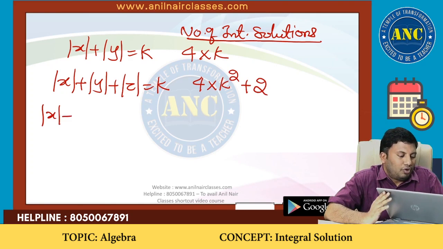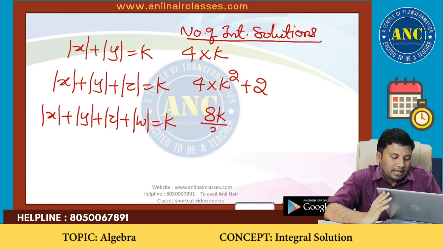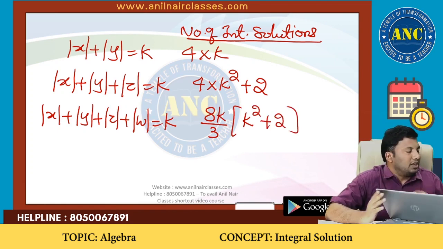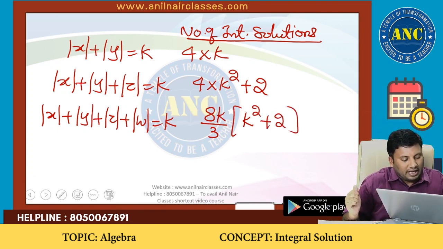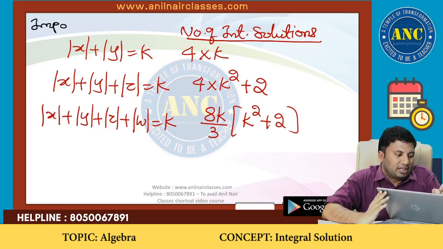If there are 4 variables, |x| + |y| + |z| + |w| = k, it is 8k/3 (k² + 2). Please write down. Please take a screenshot of this. Extremely important. Then I will give you the proof.